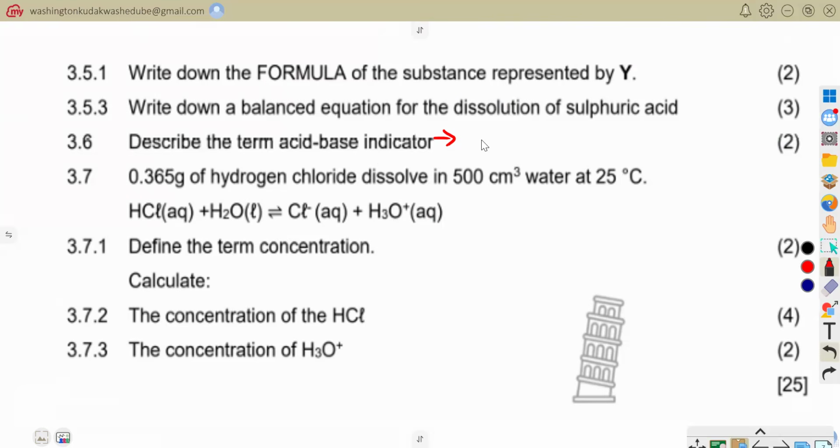You can say that an acid base indicator is either a weak acid or a weak base, which changes color in the presence of either H plus ions or OH minus ions.